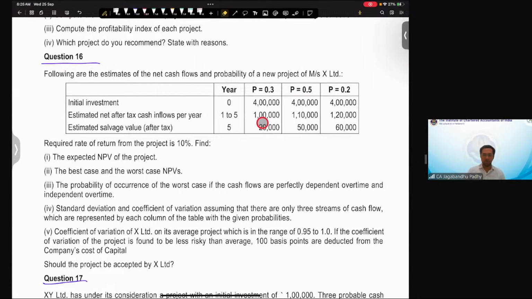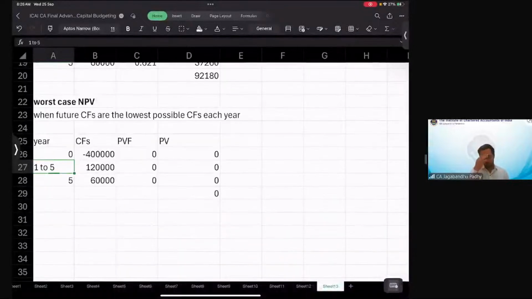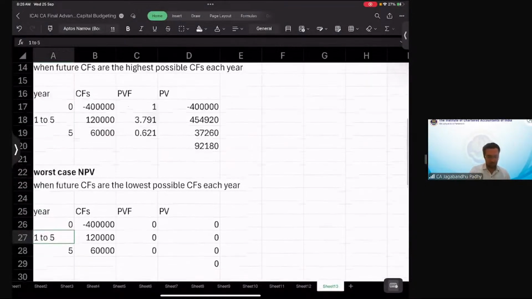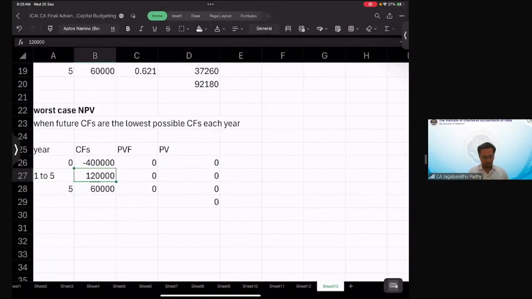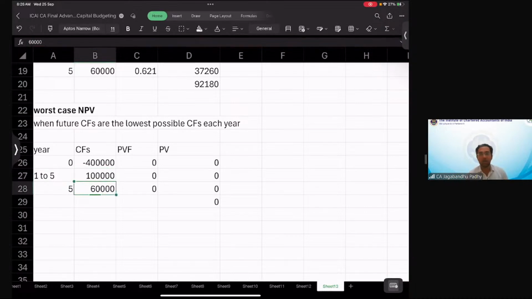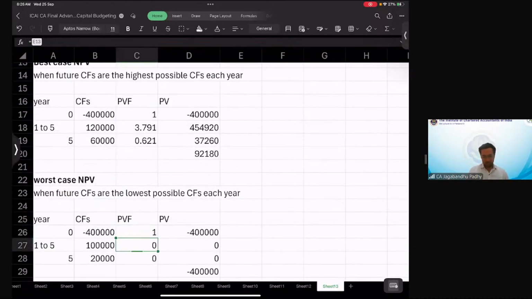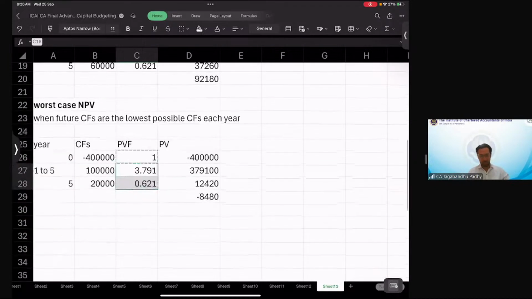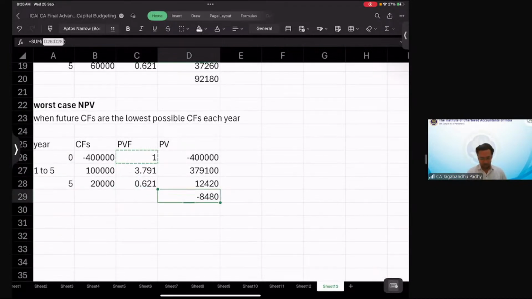So every year, let's say you're going to get 1 lakh and the salvage value is also going to be just 20,000. In that situation, what's the possible NPV? So we'll say year 1 to 5, it is 1 lakh. And in the 5th year, it's going to be 20,000. We can simply apply the same PV factor, and what we observe is the worst case NPV is 8480.